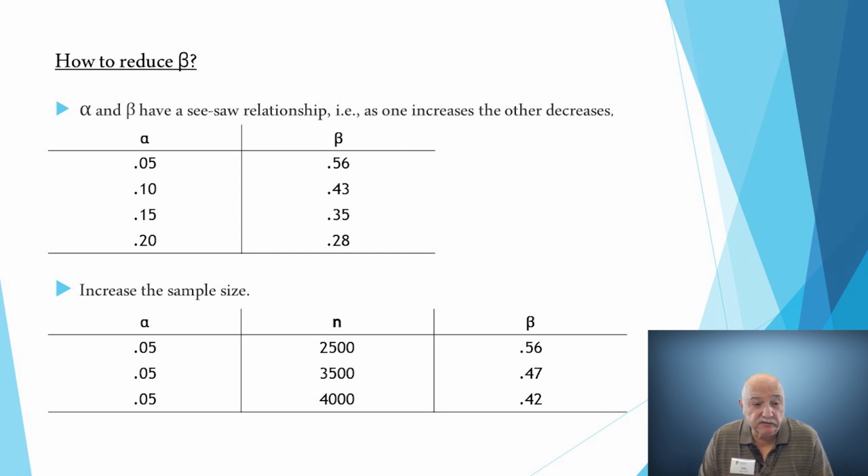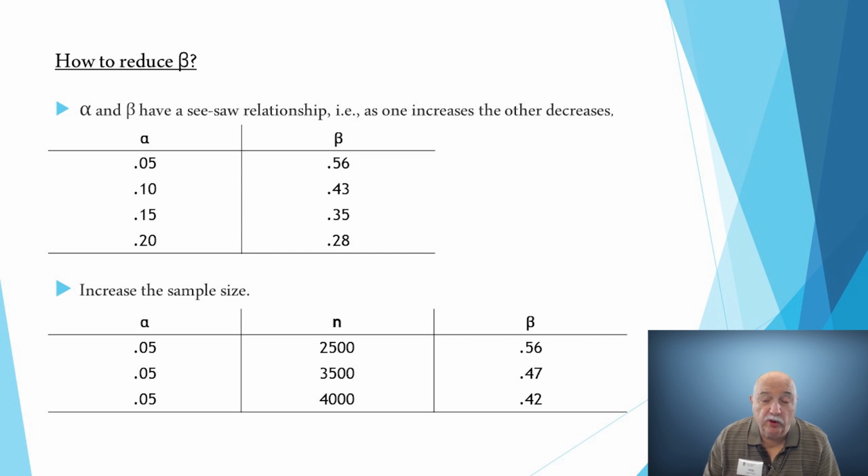Well, a couple of observations. First, alpha and beta have, well, I'd call it a seesaw relationship, an inverse relationship. As one increases, the other decreases. Okay? So, if we keep the sample size of 2,500 and we set alpha equal to 0.05, we've already seen, we just worked it out, that beta is equal to 0.56.